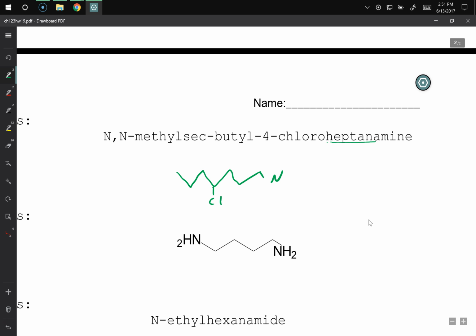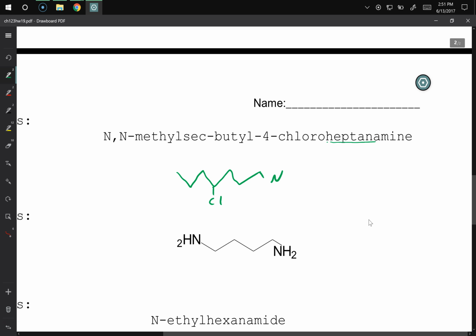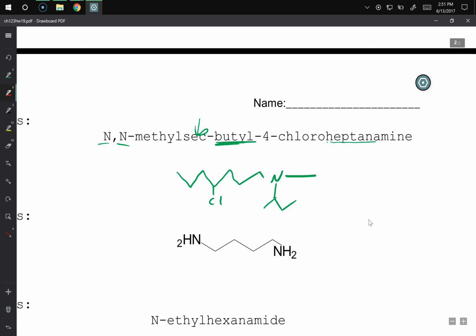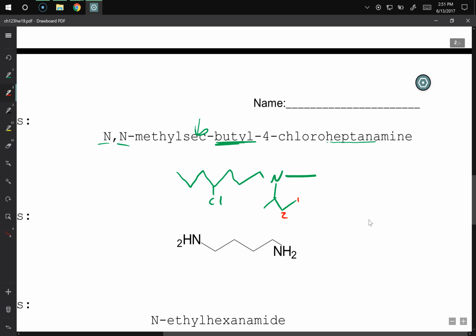And then on the N, I've got 2 more things. One of them is just a methyl group, and then the other one is a butyl, but connected to position number 2. We good with that?